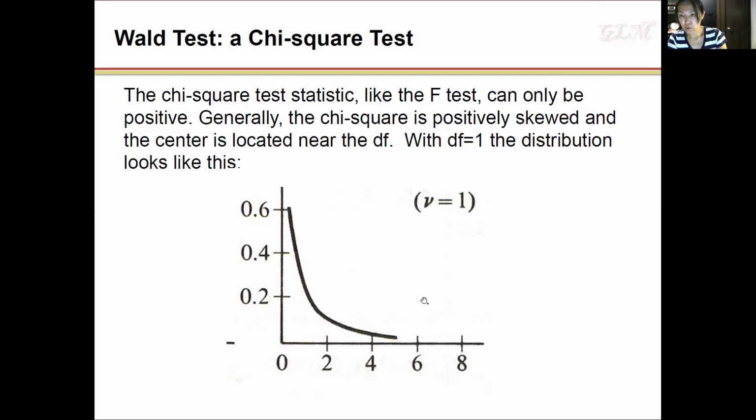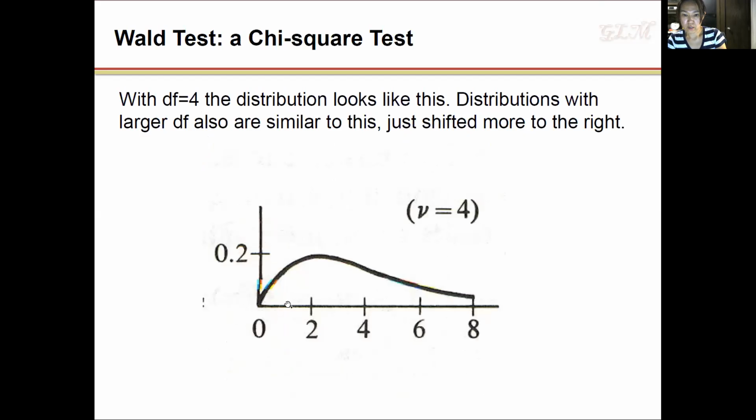If you have more degrees of freedom, then it looks like this. But still, it's not like the t-distribution. The t-distribution is really similar to the z-distribution, like a normal distribution. But the Wald distribution is just like a chi-square distribution, which is not symmetric, right?